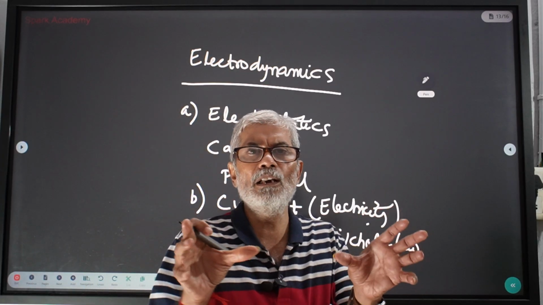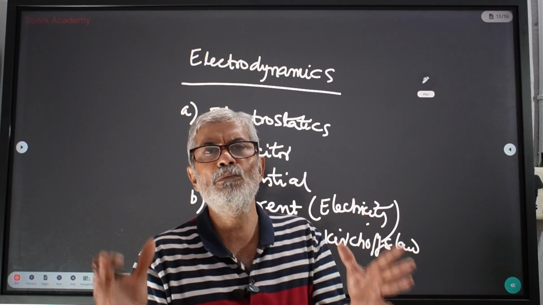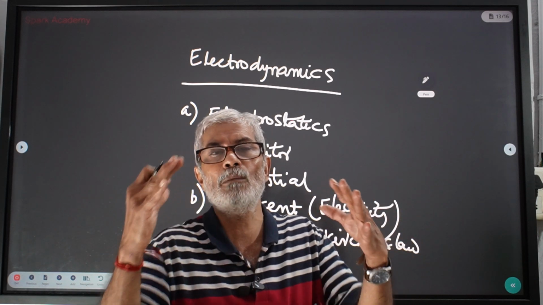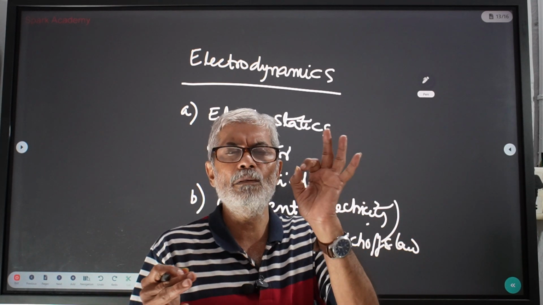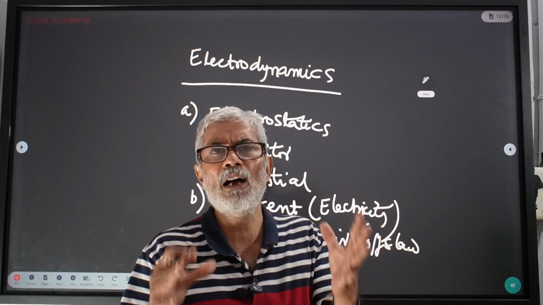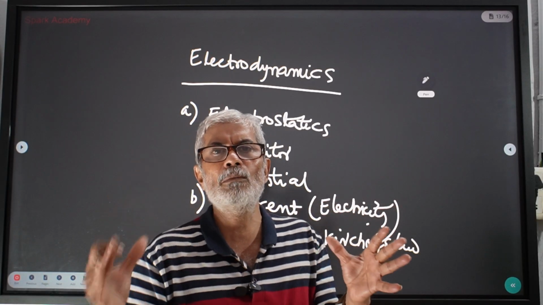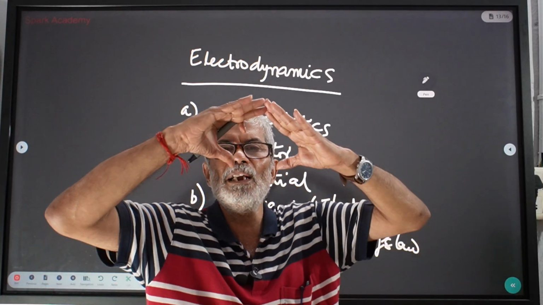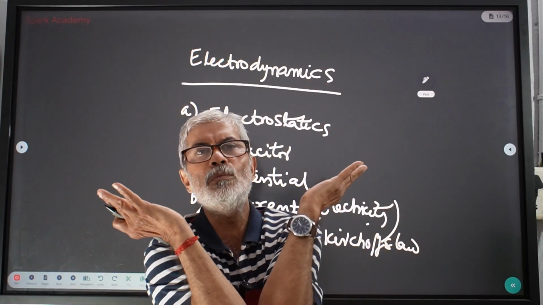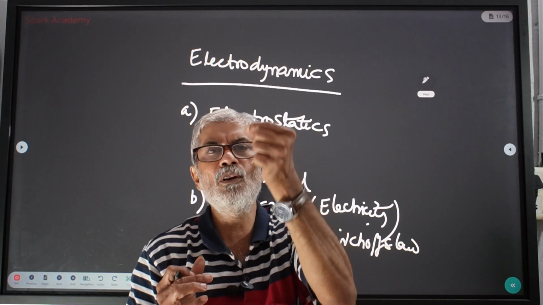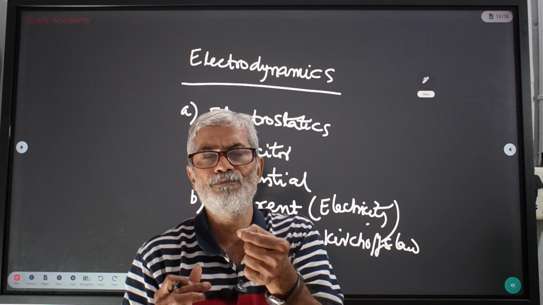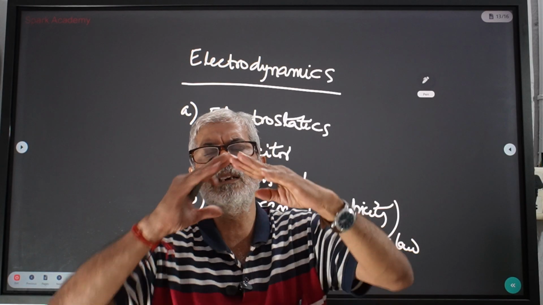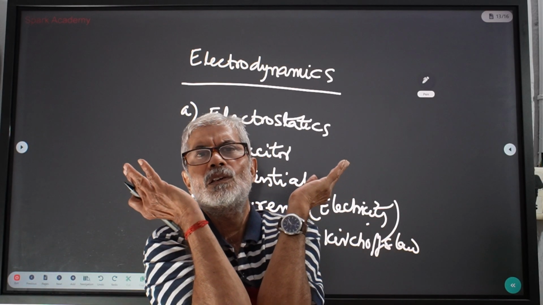Then you will be studying about meter bridge, potentiometer, Wheatstone bridge condition P by Q, R by S. In your exam they might ask you, prove that P by Q is equal to R by S. When P by Q is equal to R by S, P and Q will be in series, R and S will be in series. That time the current flowing through the galvanometer will be 0. That is the balanced condition.